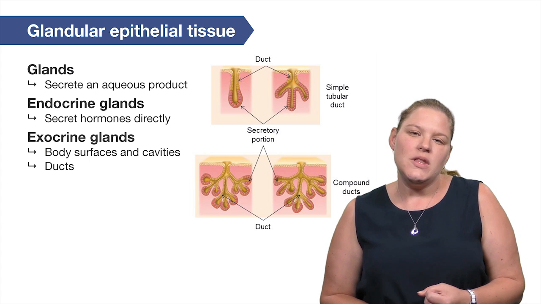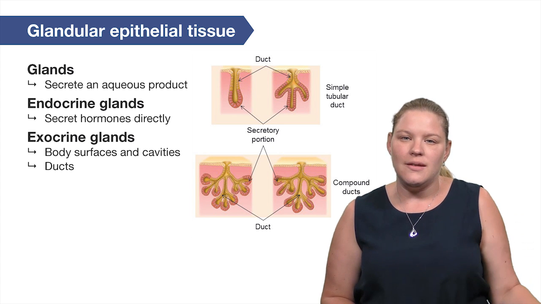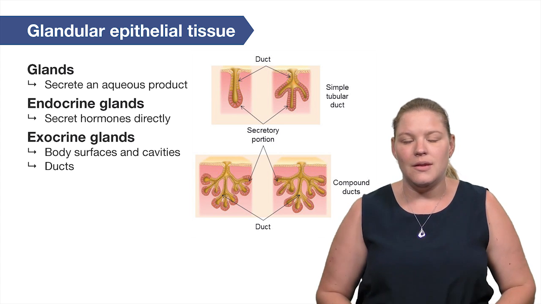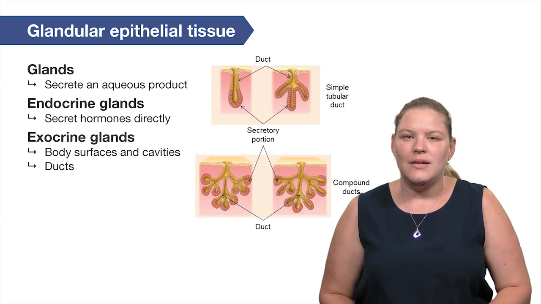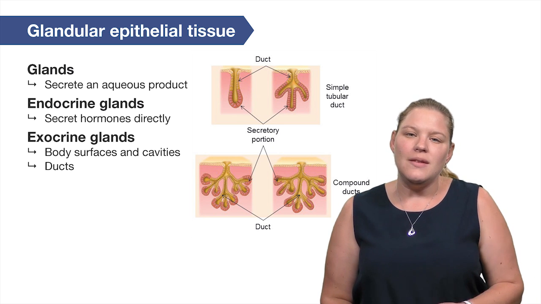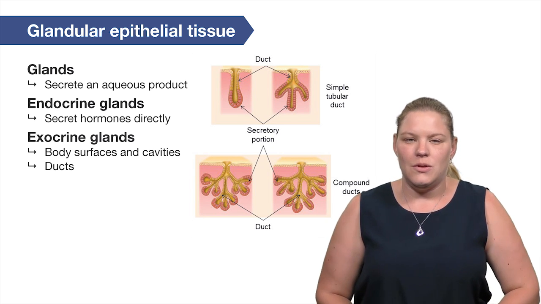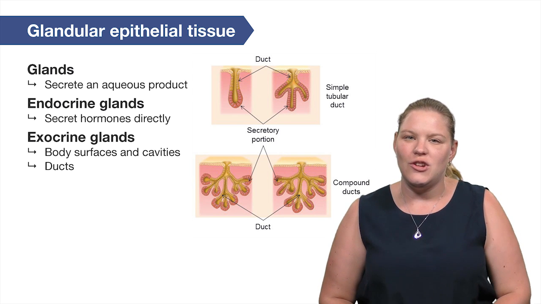The difference between the two is that endocrine glands secrete hormones directly into the blood, so it goes from the gland straight into the blood. Whereas an exocrine gland secretes its substance, so it could be, for example, an enzyme, via a duct. It can't do it directly. It has to go through a little passageway first. So that'd be the main difference between the two.